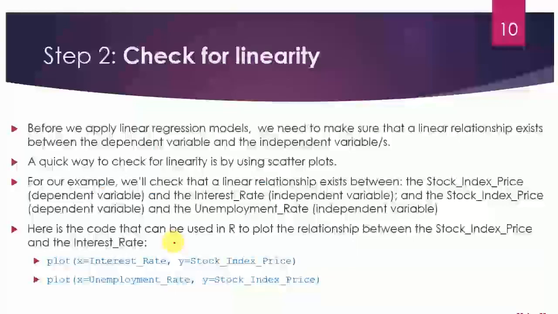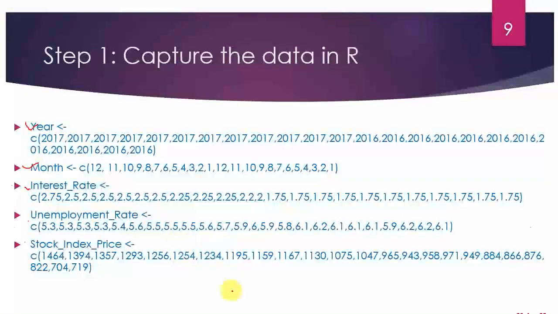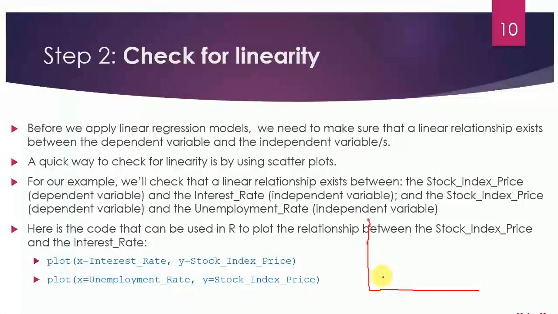Now we have to check for linearity. Here you can plot the interest rate and unemployment rate on the x-axis, and stock index price on the y-axis. If you generate these plots, for the first one, interest rate with stock index price, you will have a curve like this: interest rate versus stock index price.